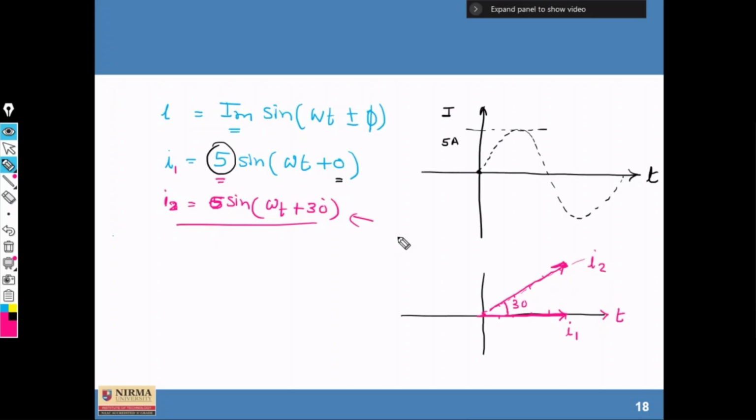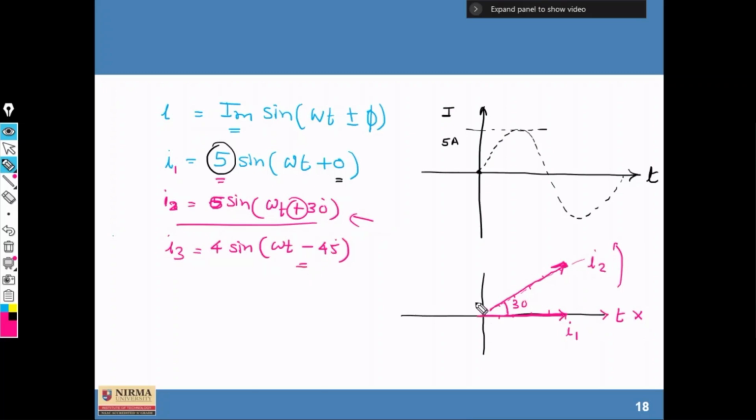Similarly, if another current is acting in the same plane, called I3, for example 4 sine omega t minus 45 degree, this minus shows that it is a lagging quantity, and plus shows that it is a leading quantity. So with reference to this x-axis, I2 is a leading quantity, I1 coincides with the x-axis. What about I3?